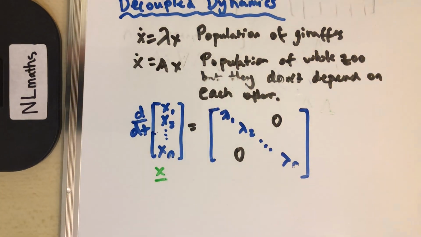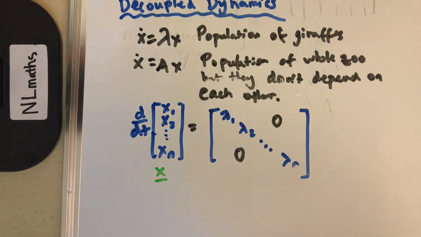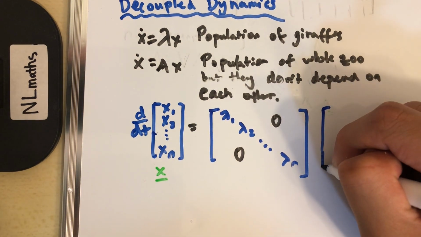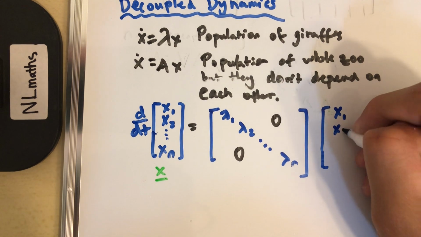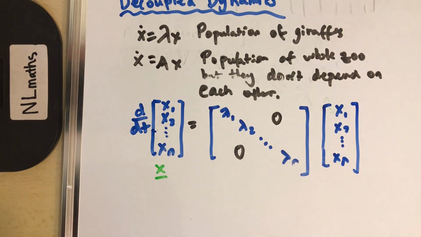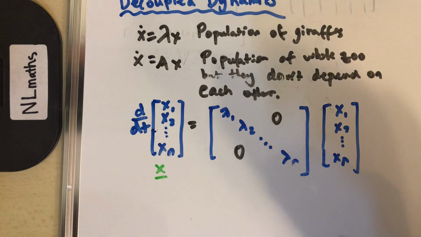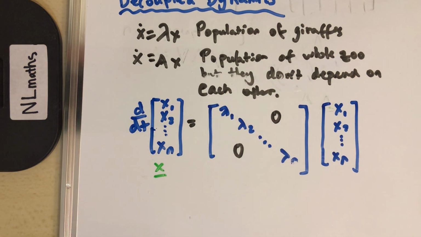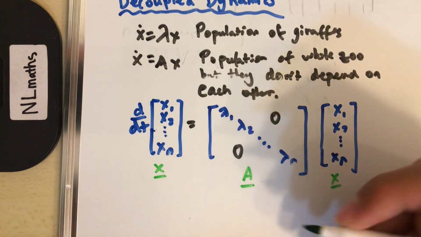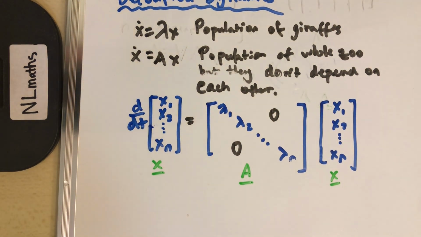And finally, we have that multiplied by x again. So we have this multiplied by x1, x2, up to xn, and this is going to be equal to x dot. And this is, of course, our matrix A. So how would we find x dot of the giraffes?